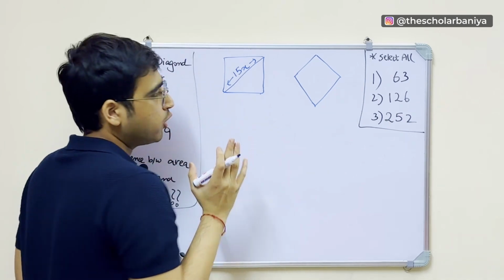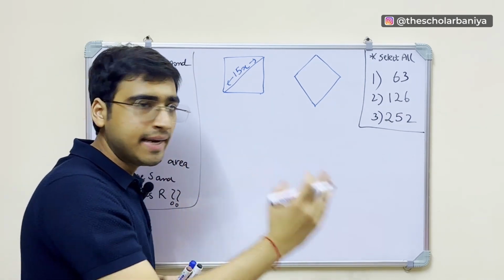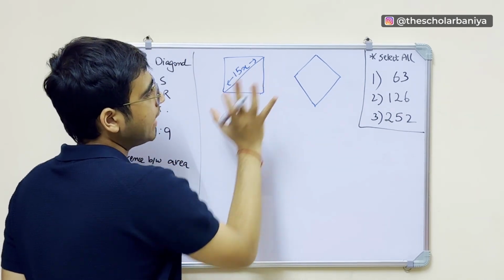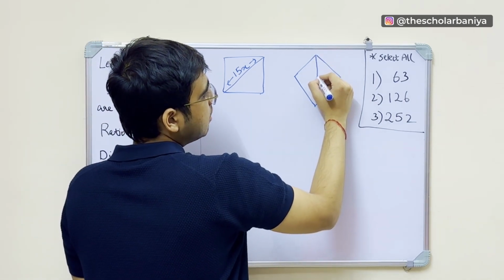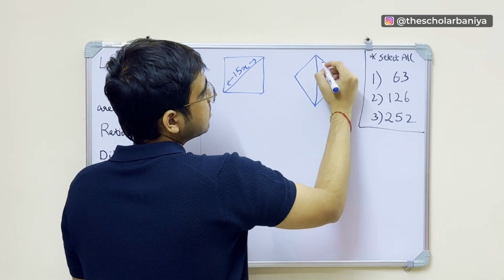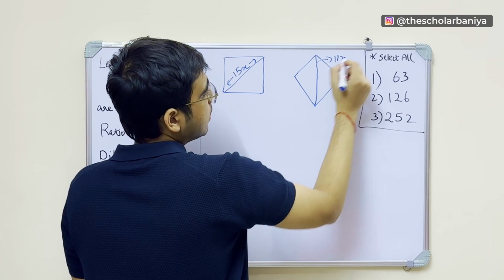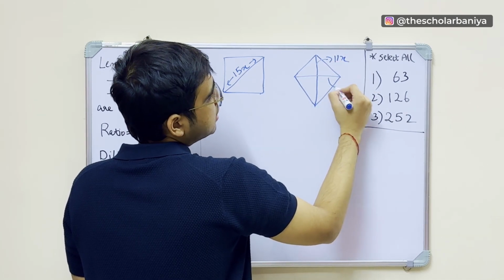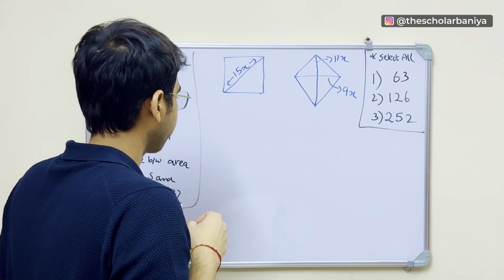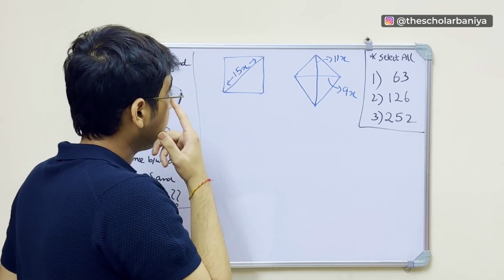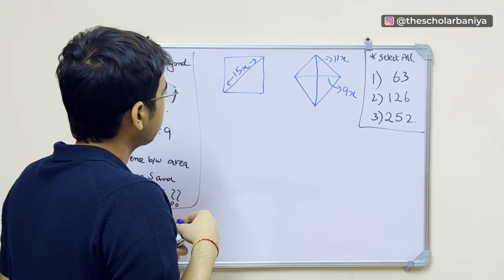So because the ratio was 15 is to 11 is to 9, we have taken the square diagonal to be 15x, right? And let's suppose this diagonal of the rhombus is 11x, and this diagonal of the rhombus is 9x, right?